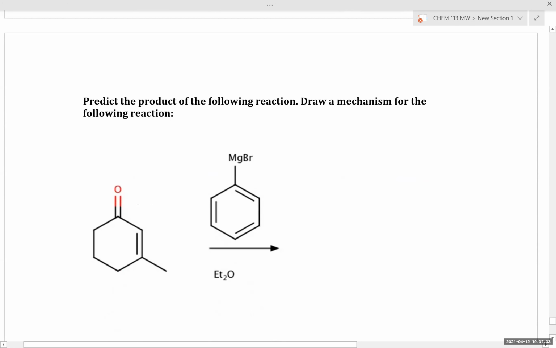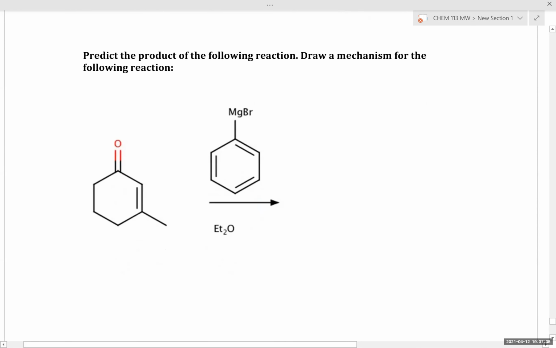In this case, I'd like you to predict the product of the following reaction and draw a mechanism for the following reaction. So in this first case, we have a Grignard reagent reacting with an unsaturated carbonyl. What product will we observe and why?